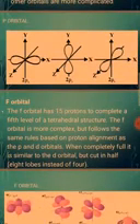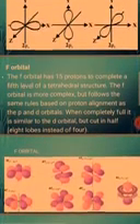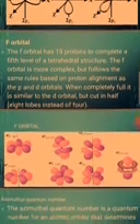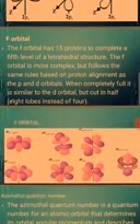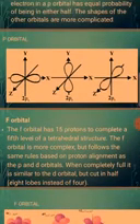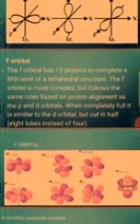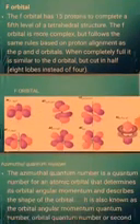The f orbital is more complex but follows the same rule as the p and d orbitals. It is similar to the d orbital but cut in half, with 8 lobes instead of 4.